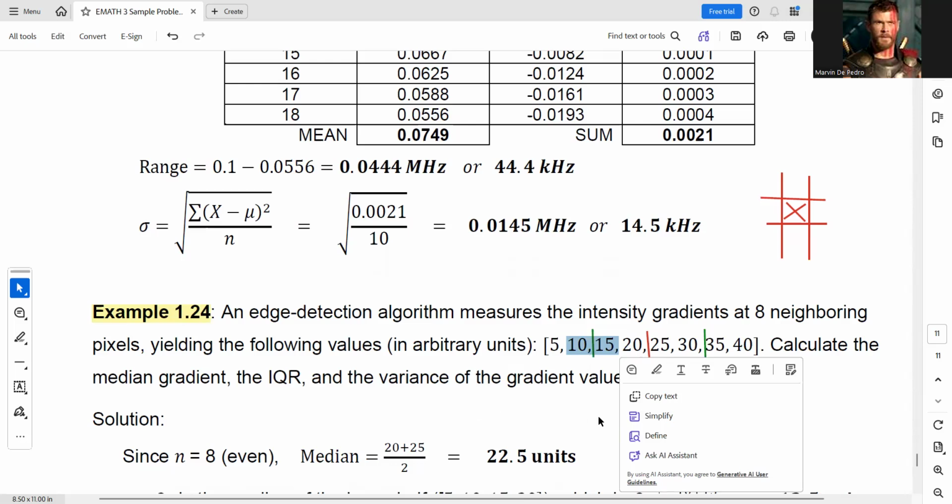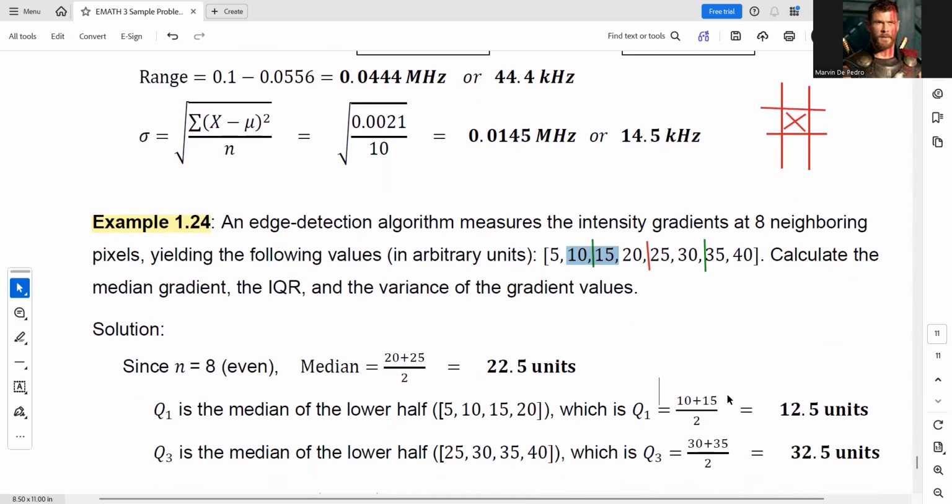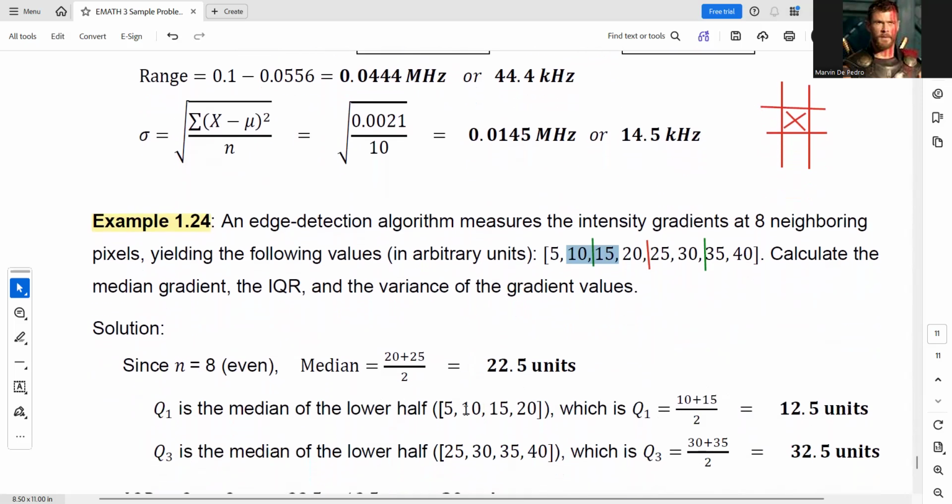The average of 30 and 35 is 32.5. So the lower half median is 12.5, and that is our Q1. For the upper half, the median is 32.5, and that's our Q3.